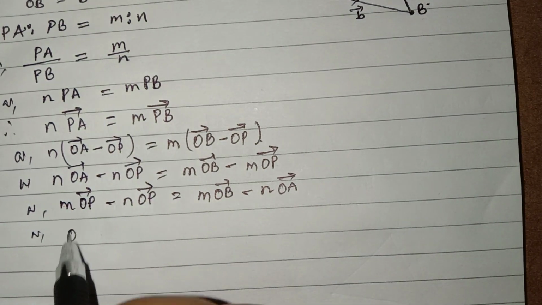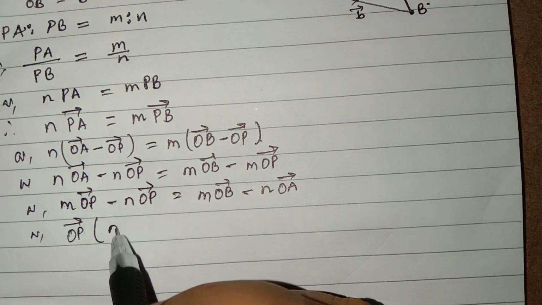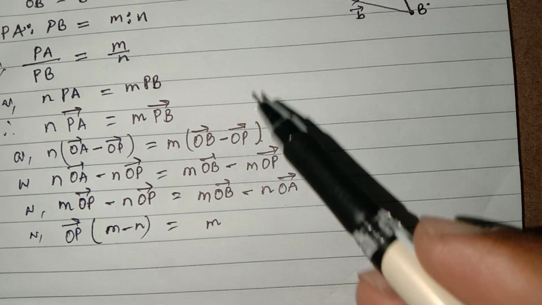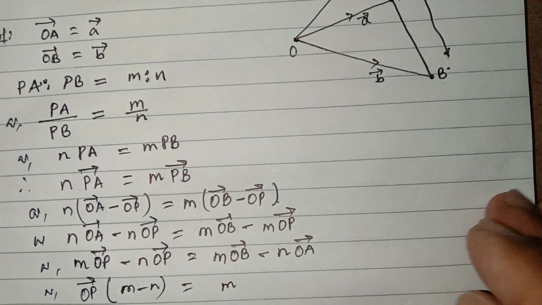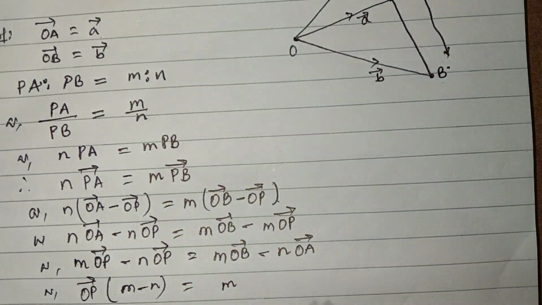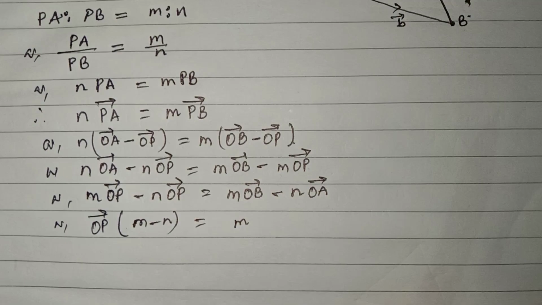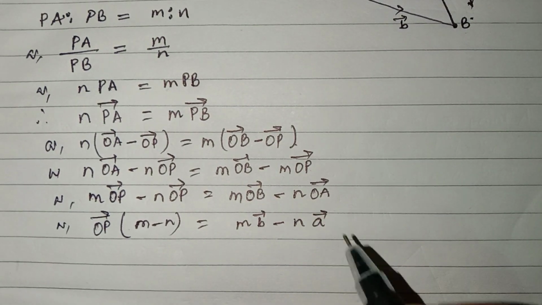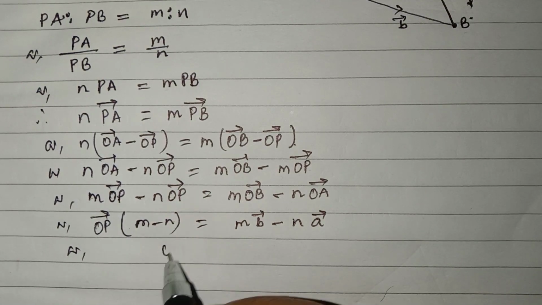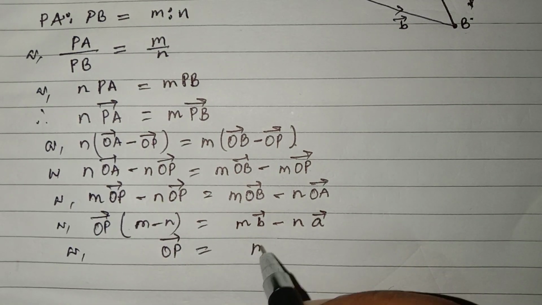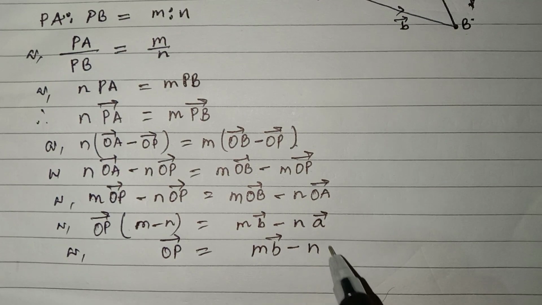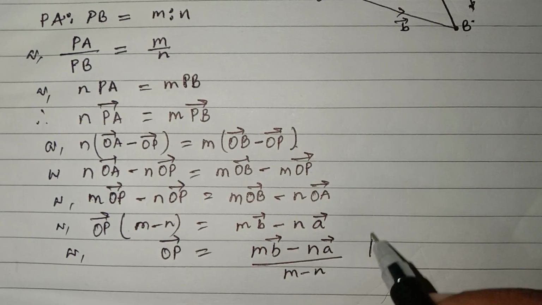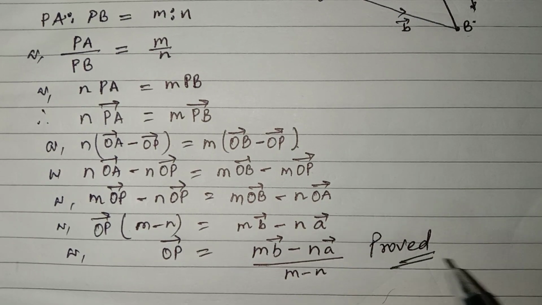Or if I take OP vector common, then I get m minus n, where here I have m times OB vector, OB vector is vector B and OA vector is vector A. Okay, so m times vector B minus n times vector A, and finally I have vector OP is equal to m times vector B minus n times vector A upon m minus n, and also this is proved.